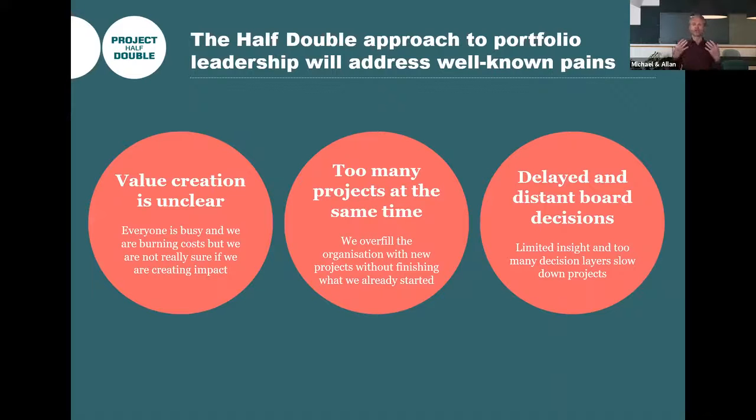So we will have to wait for decisions from the overall portfolio board. And when we meet this portfolio board, they would usually have limited insight into the most specific projects. So there might be too many decision layers from the project to the portfolio, and that delays the whole decision making. So these are some of the issues that we face out there.